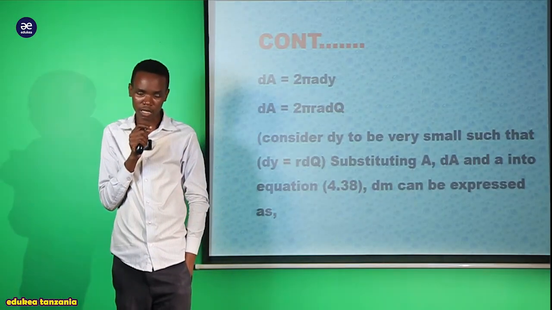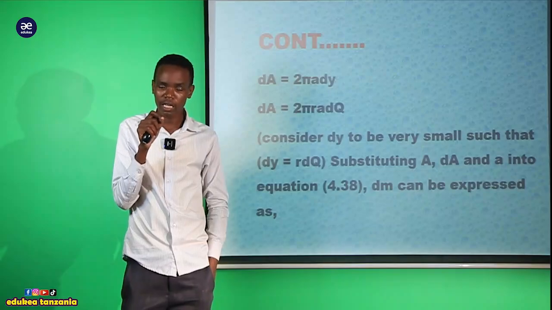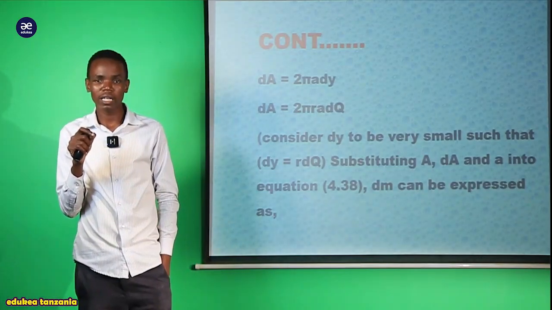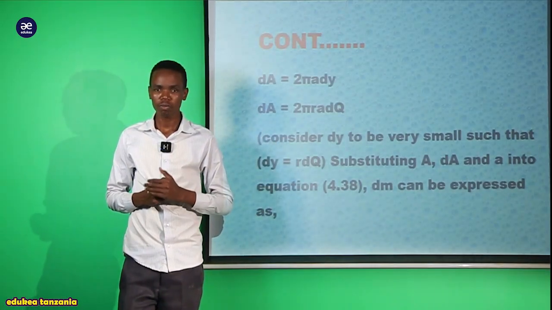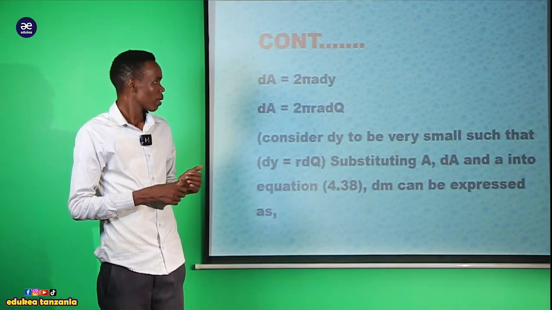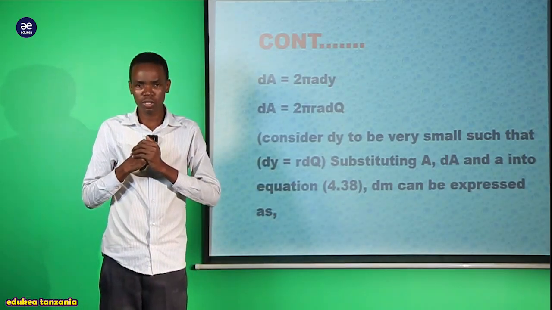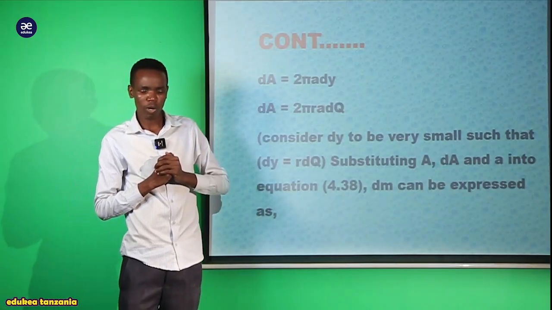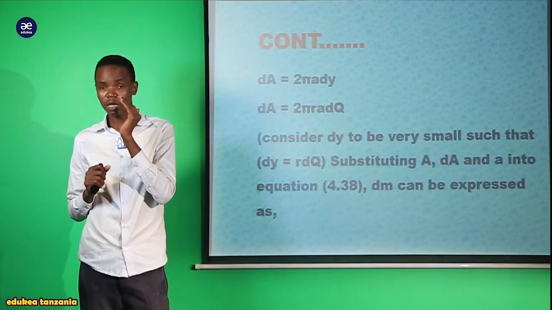Now we differentiate with respect to a. It means dA divided by dy is equal to 2 pi a. That is what we tried to demonstrate here. After this, we know from our figure that the relationship is dy equals r times theta, because the ratio of dy divided by theta must be equal to r.